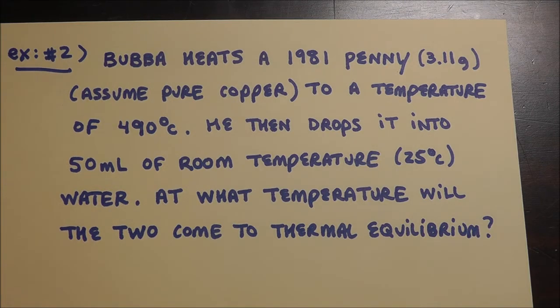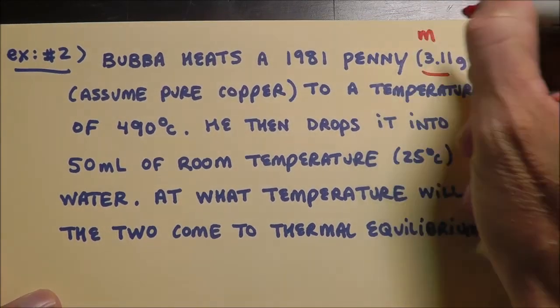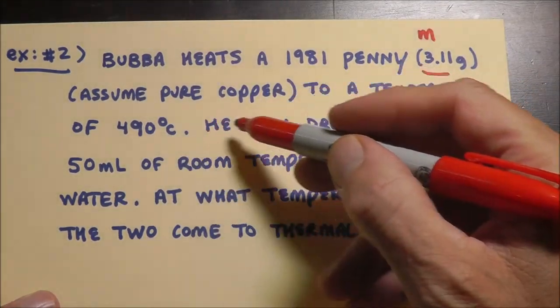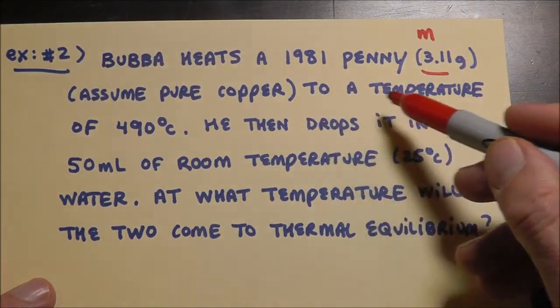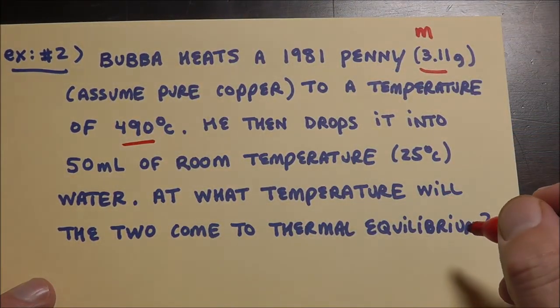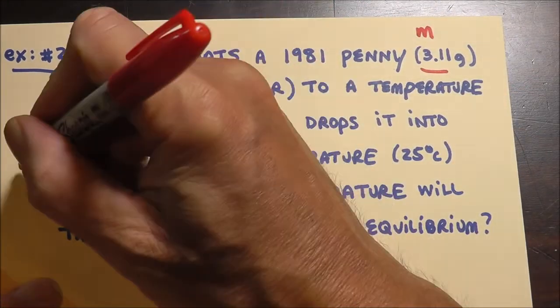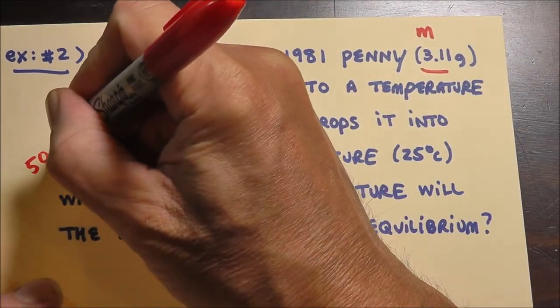So, all right, great. Let's read this. So we got a mass. There's an M. Assume pure copper. Bubba heats a penny to a temperature of 490 degrees. Wow, that's a T. Then he drops it into 50 milliliters, now that's 50 grams of water.